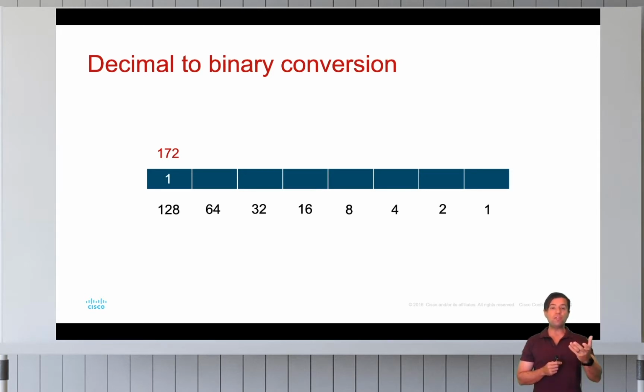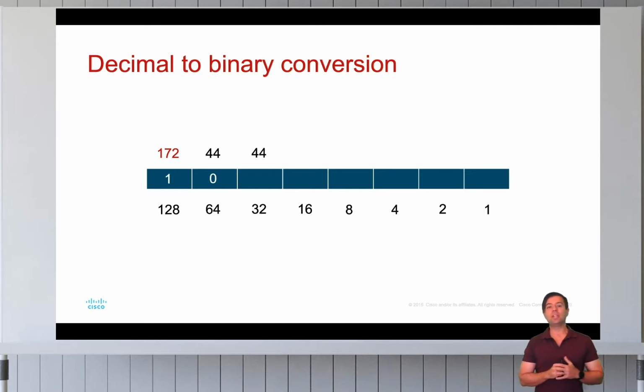Because it fits, we now have to subtract 128 from 172. That gives you 44. So then we ask, is 64 smaller than 44? The answer is no, so we write down a 0. Since 64 is bigger than 44, we don't need to subtract anything, so we'll still use the number 44.